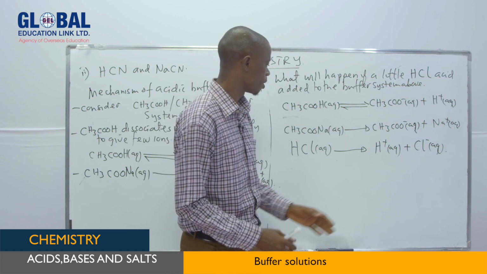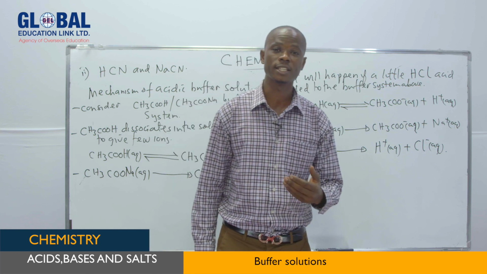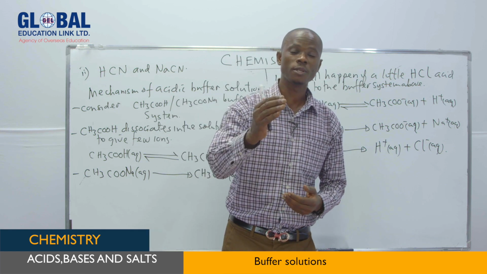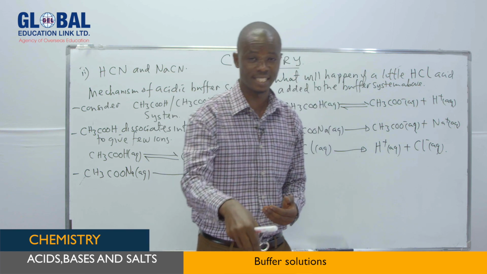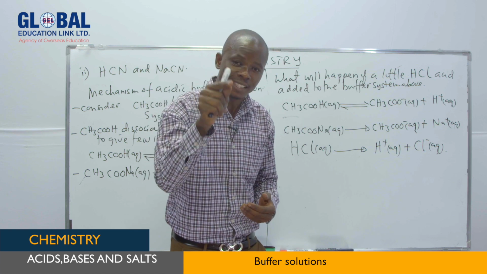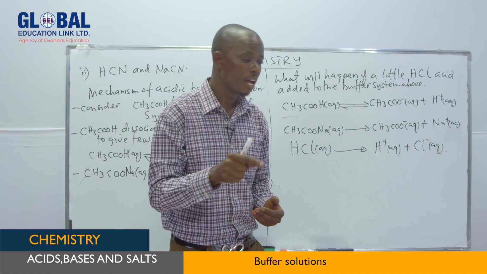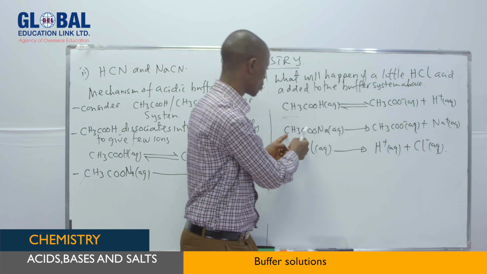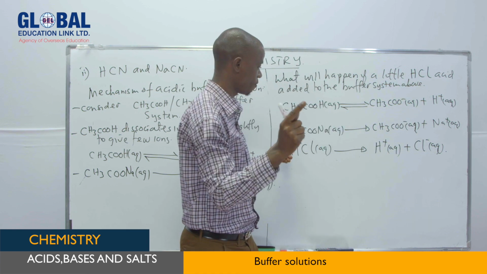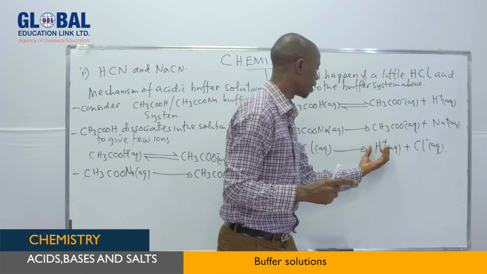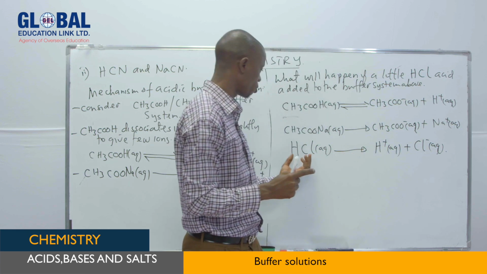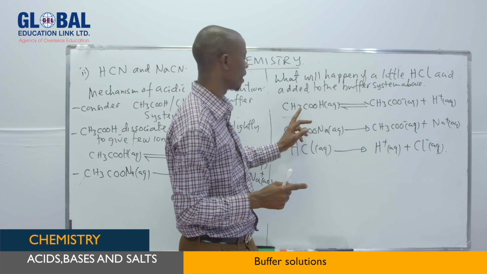So when the concentration of hydrogen ion is increasing in the solution, that means the pH will be lowered. Now, in order to prevent that lowering of the pH, the acetate ions from the salt will be enough to combine with hydrogen ions from the strong acid to form back the acetic acid.